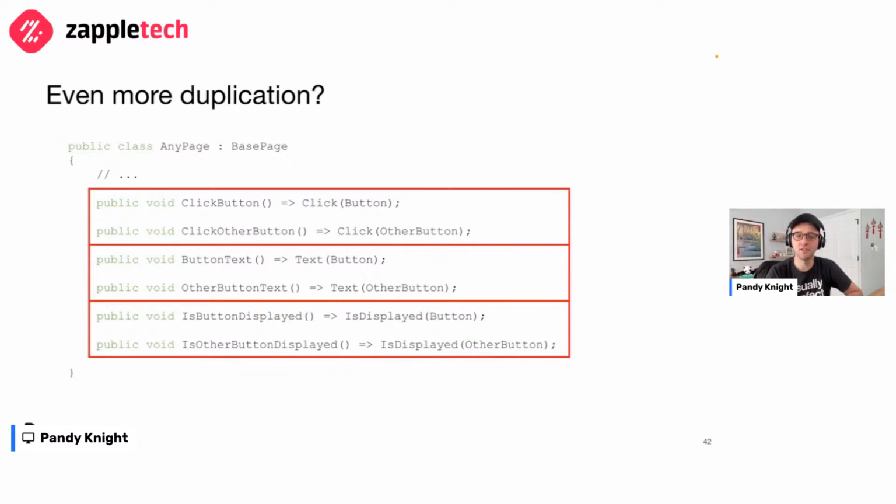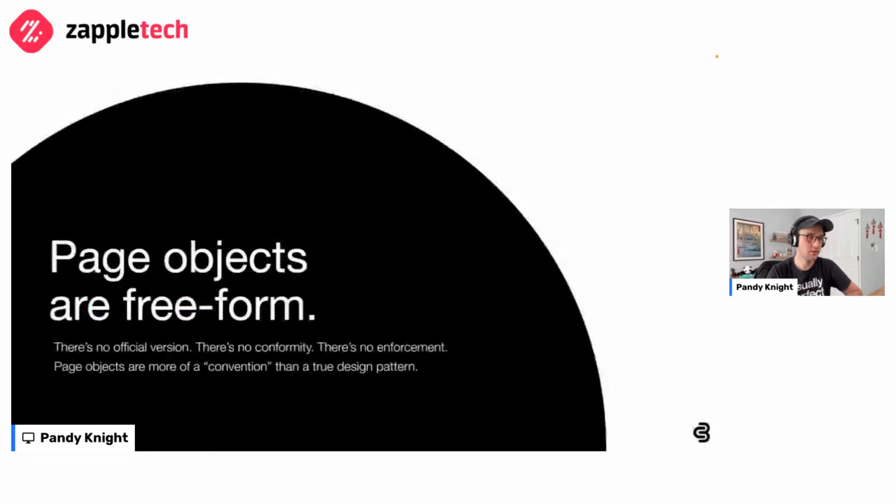More frustratingly, the page object code I showed here is merely one kind of implementation. What do your page objects look like? I bet dollars to donuts they look different than the ones I just showed. Page objects are completely freeform. Every team implements them differently. There's no official version of the page object pattern.